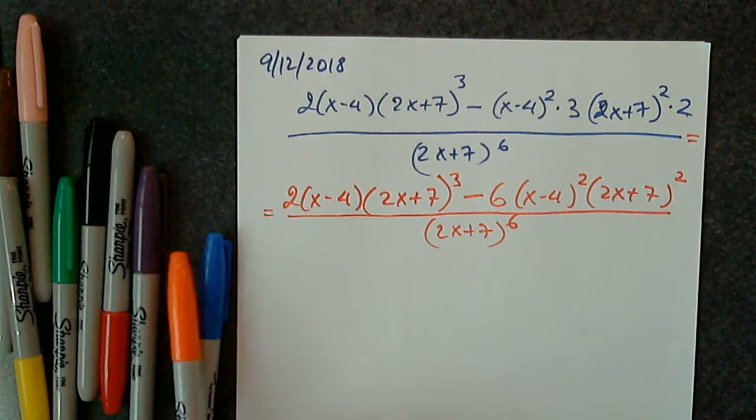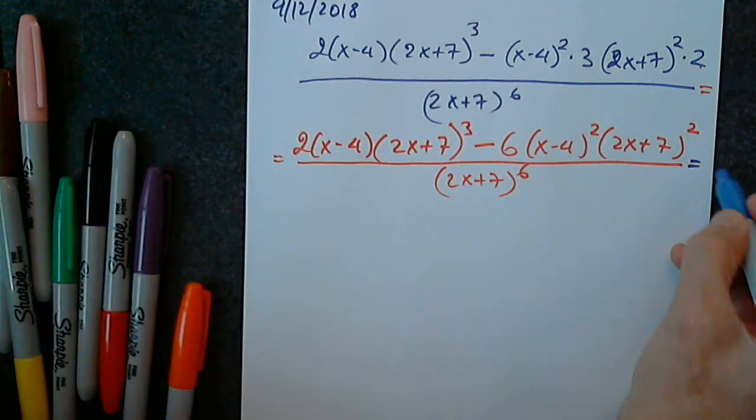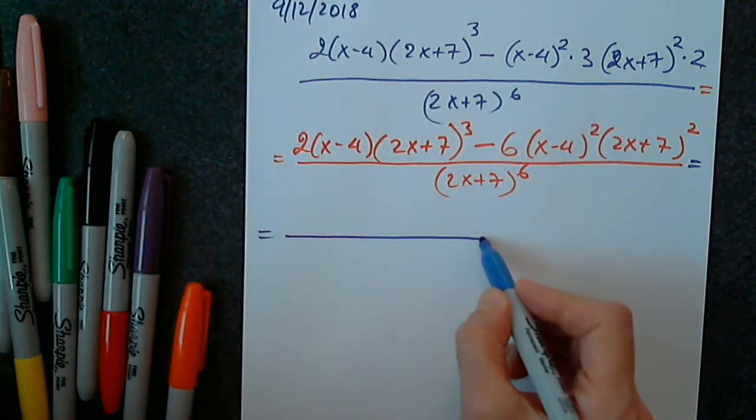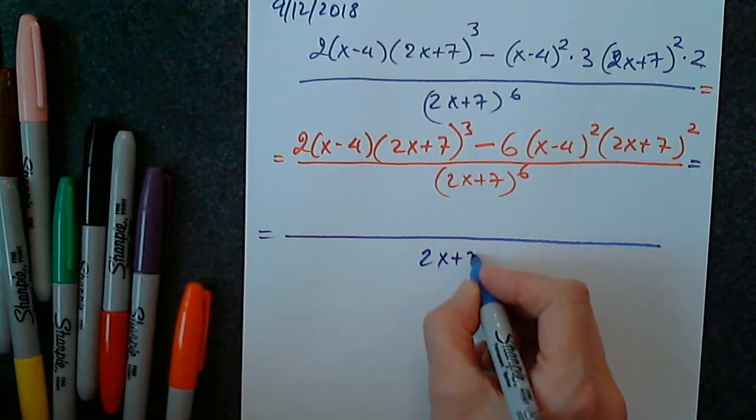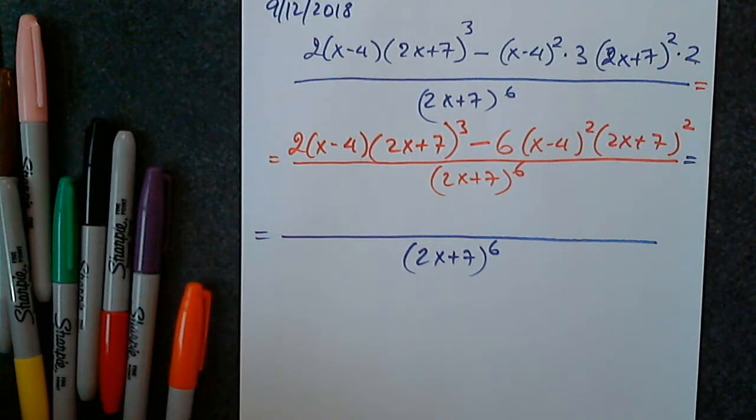All we can do is look at the top and say, yes, there is something I can factor out. And what is that something that I can factor out? Yes, Ryan? x minus 4 and 2x plus 7.